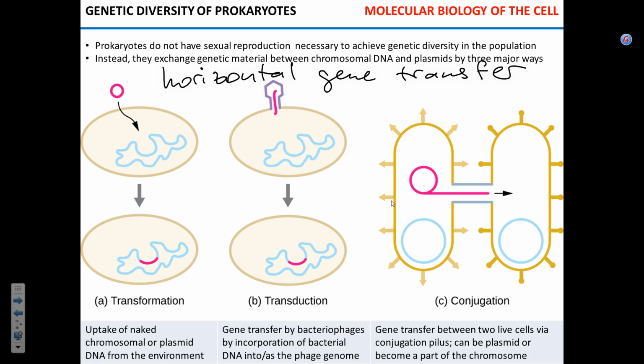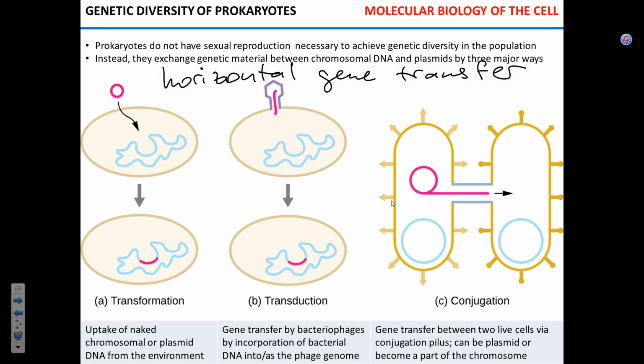When organisms with sexual reproduction produce progeny, they have vertical gene transfer. Make sense? Bacteria do transfer genes, but it's the same genes. There's no real diversity here. So there are three basic mechanisms of horizontal gene transfer.